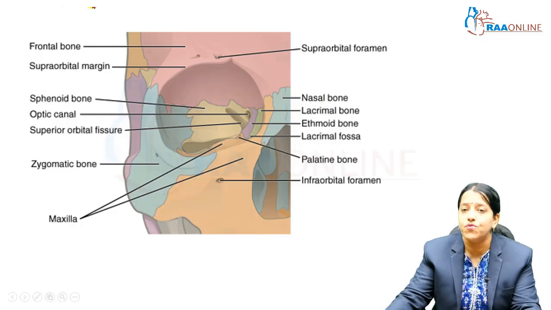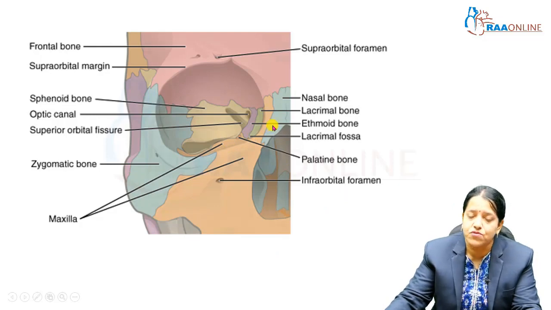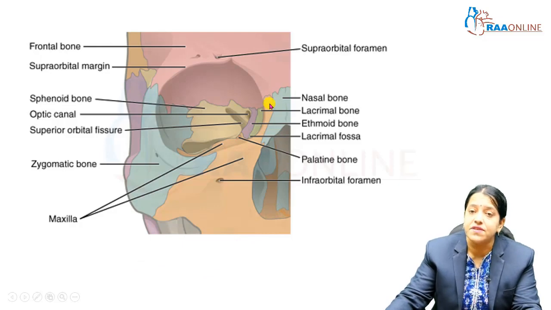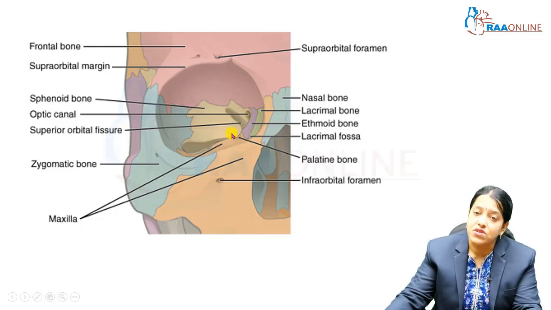Now if you look over here, this is one of the orbits which has been shown, and this is the nasal aperture. So this is a norma frontalis view in which we are seeing the orbit, and you can see the orbital opening is directed towards the face. So this becomes the base or the orbital rim, and the apex of the orbit is directed posterior medially and it is inwards.